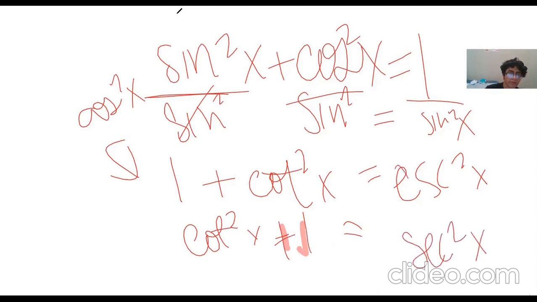Right, so the way I remember this one's simple: sine, cosine, 1. Then this is 1 plus cotangent squared x equals cosecant squared x. It's 1 cottage cheese. 1 for the 1, cottage is cotan, cheese. This is something very silly that I've used for several years.